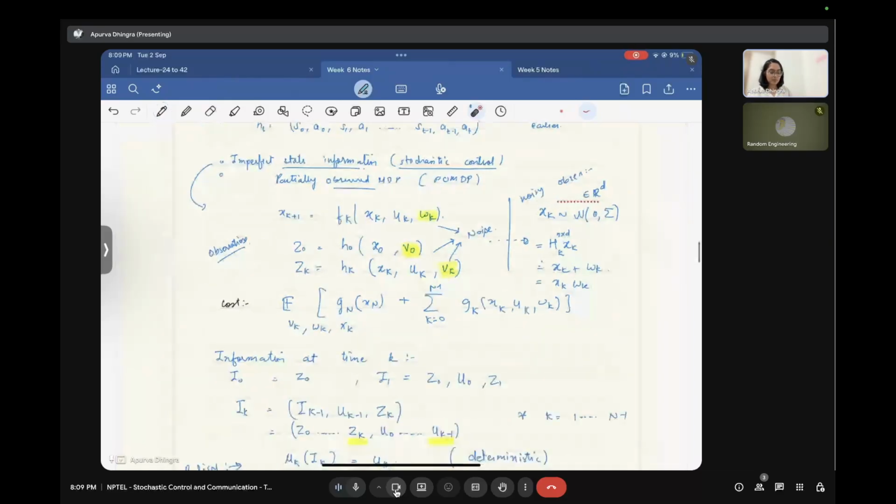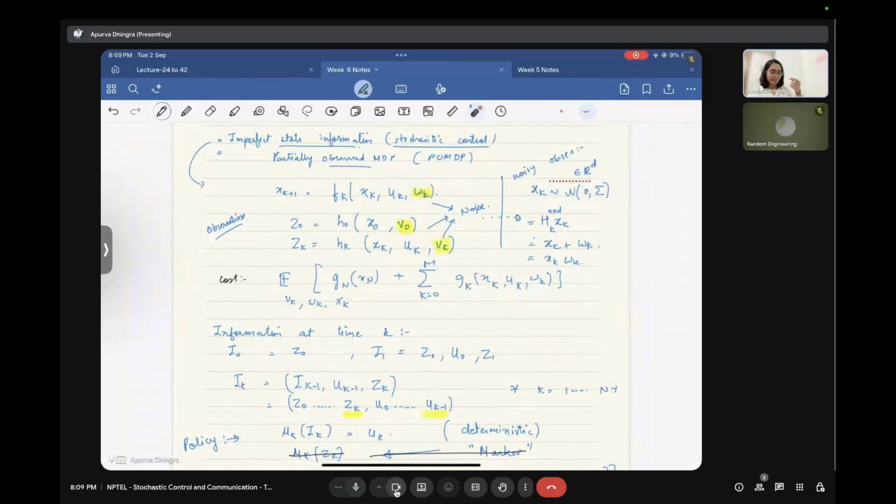In these types of problems, all the previous information, which could be observations or actions, is important, because we never know whether the current observation we made is reliable enough. On top of the observation, we need some quantification that tells us this much is reliable, hence you should only use this.